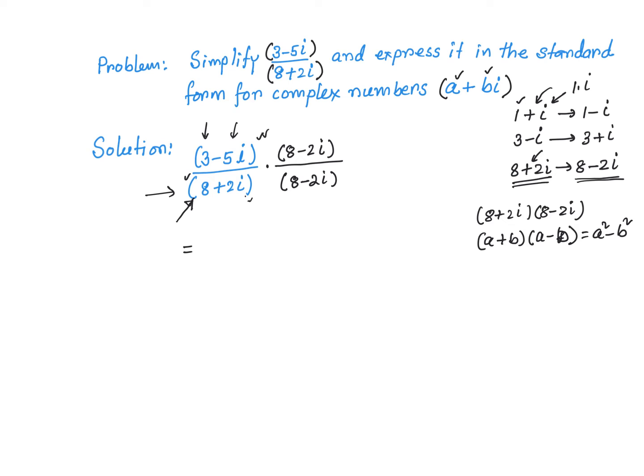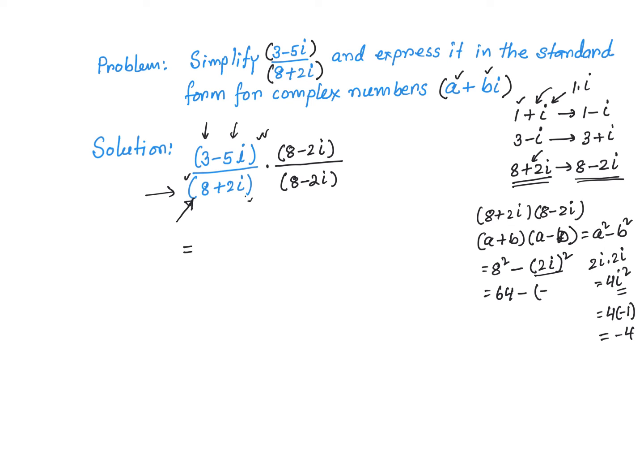My a is 8, so it's 8 square minus b, which is 2i. Make sure to put parentheses around the 2i square. So it's 8 square, which is 64, minus 2i times 2i, which is 4i square. But remember, i square is negative 1, so it's 4 times negative 1, which is negative 4.